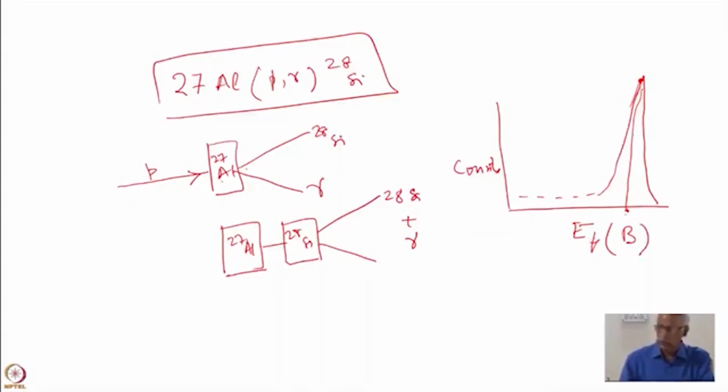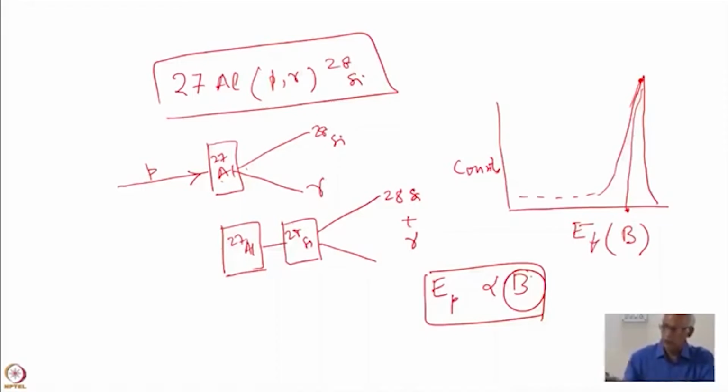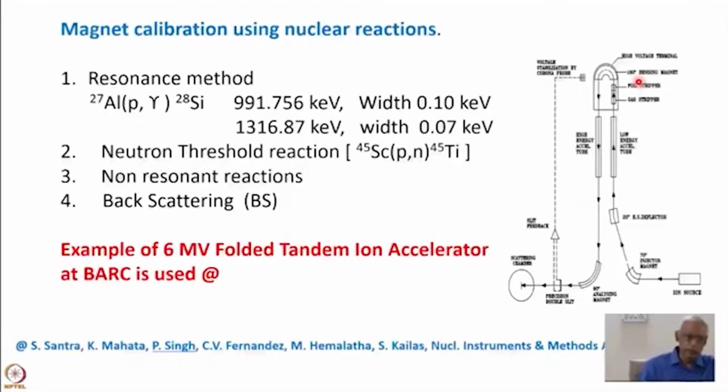So then you will know this energy very precisely, and therefore B is proportional to E_p, so this you can find out. So you have to only calibrate this B, the magnetic field of the magnet, and for that you should know this energy very precisely, which in the case of resonances can be done very nicely.